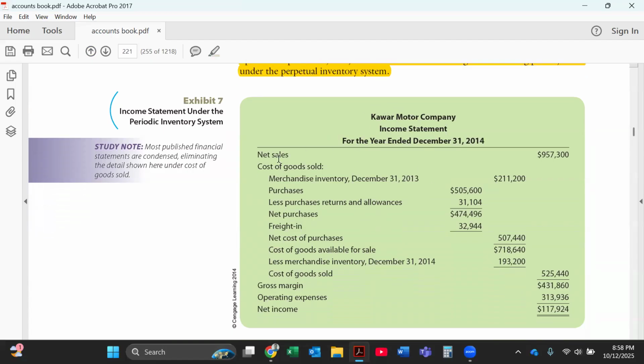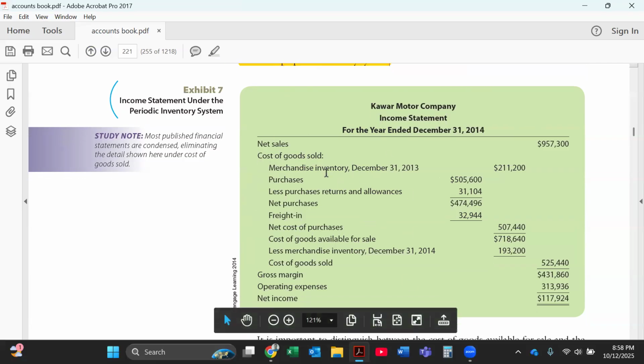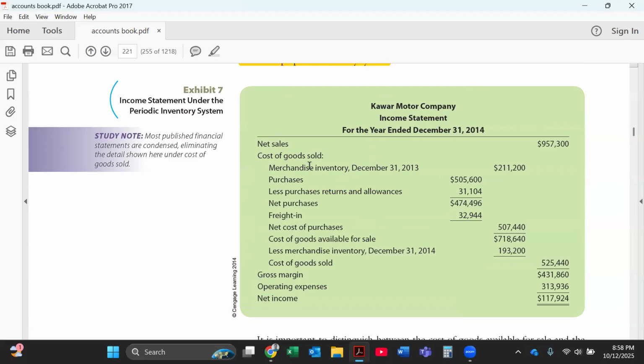In order to figure out cost of goods sold, you have to know certain things. And so this is definitely what we will go over in our Thursday class. But just take a look at it. It's a formula that we'll discuss. And with using a periodic income statement, they do not just give you the cost of goods sold. You normally have to calculate it.